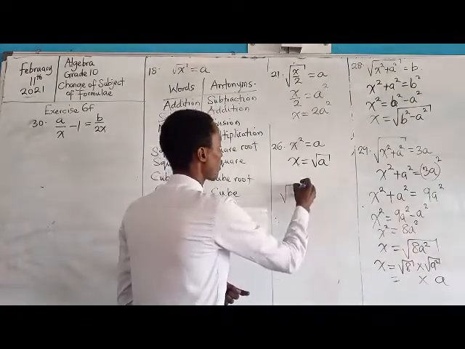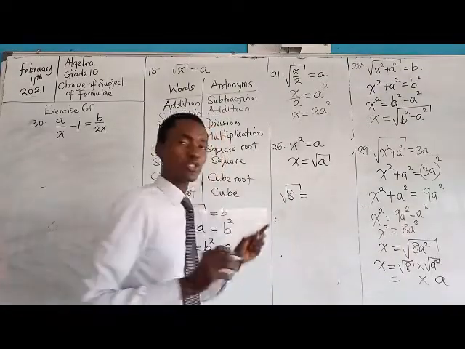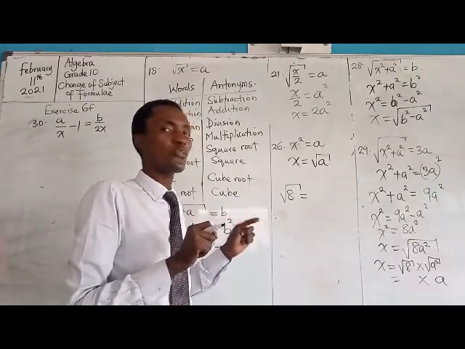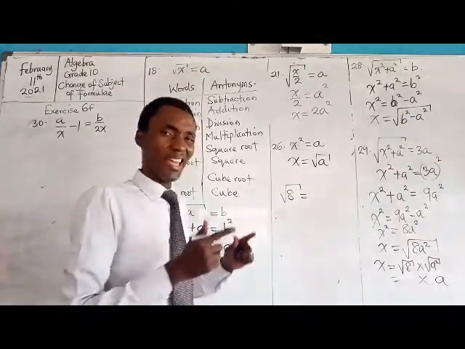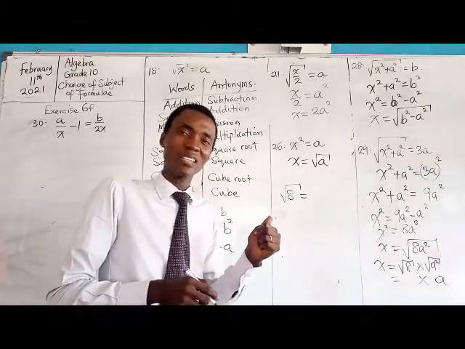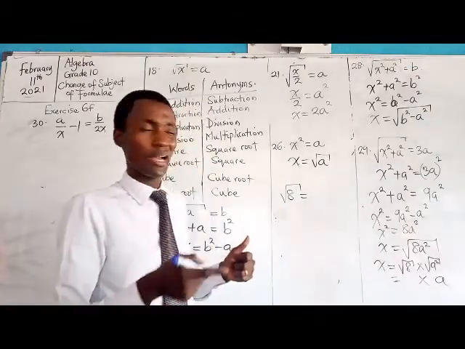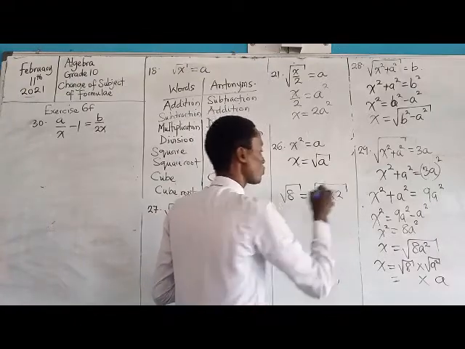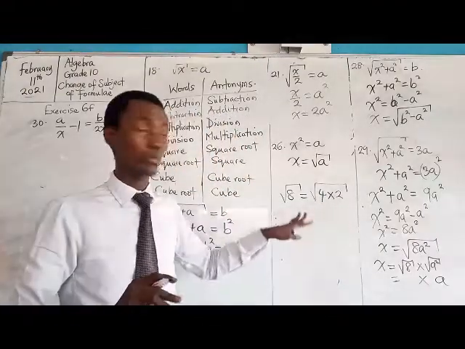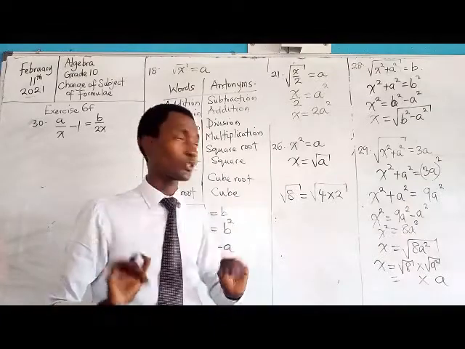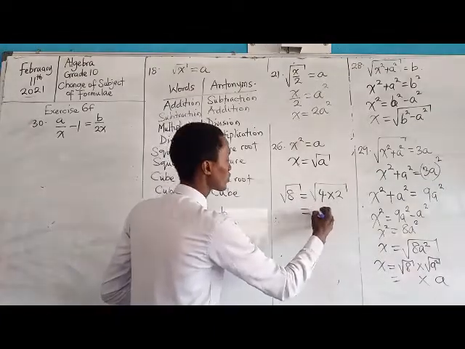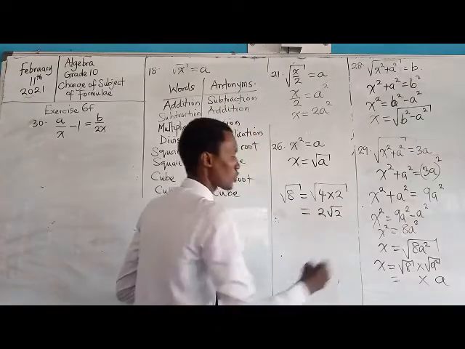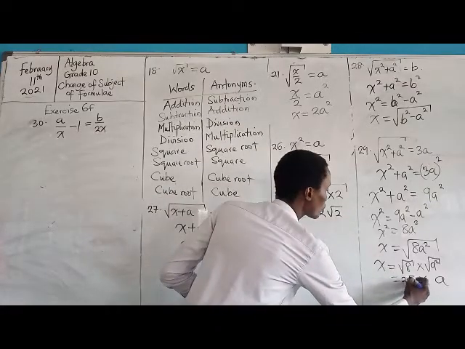If I have the square root of 8, the rule for surds says that I would write this number in the form of a number that is a perfect square and another number. So that will now be what? 4 times 2. I've done an extensive video on this. You may want to watch and get a better understanding of that. And this will give you what? 2 root 2. So I'll come here and say it is 2 root 2.